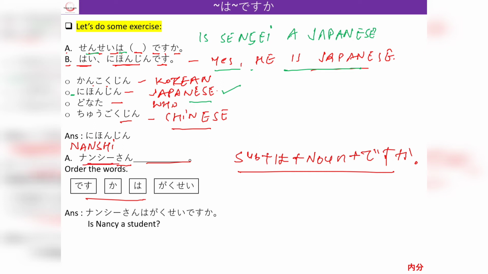Nanshi-san is the subject of our sentence, and after that we will add the wa particle. So wa will be number 1. Then find the noun. The noun will be gakusei, which means student. So number 2 will be gakusei, number 3 is desu, and 4 is ka. So here is the answer: Nancy-san wa gakusei desu ka. Is Nancy a student?